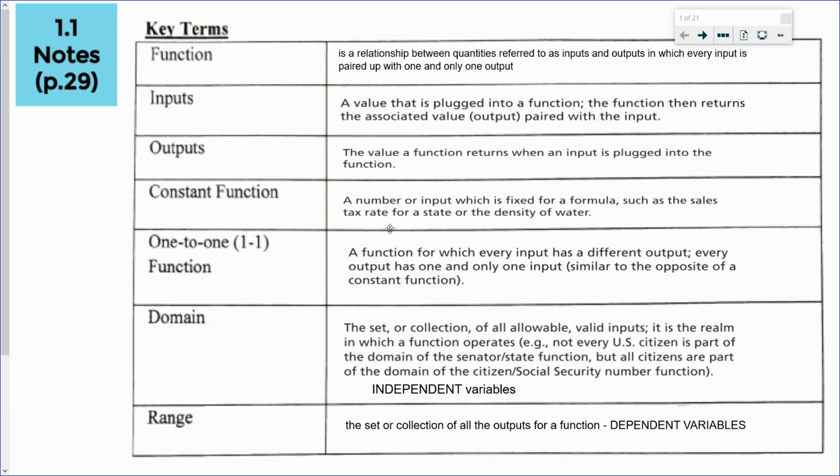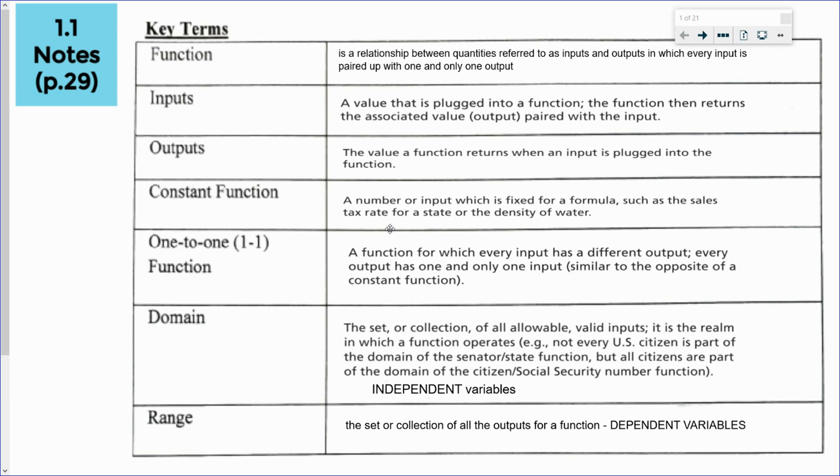A one-to-one function is a function for which every input has a different output, and every output has one and only one input. So it's kind of, those words are kind of confusing, but if you think about it, it's similar to the opposite of a constant function.